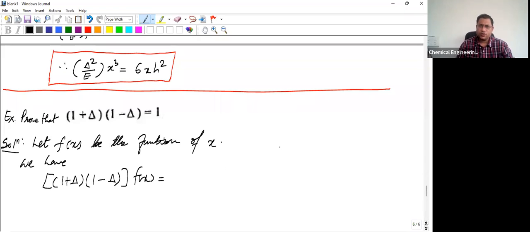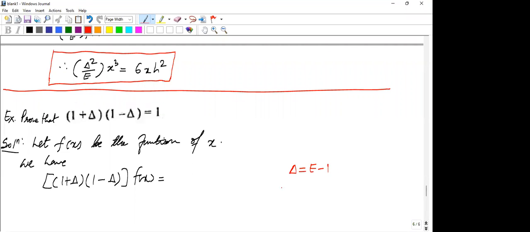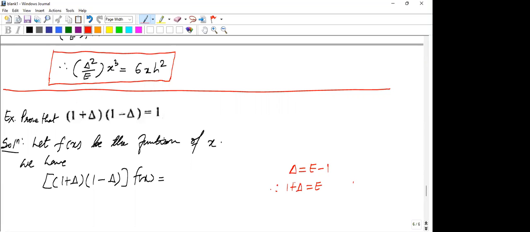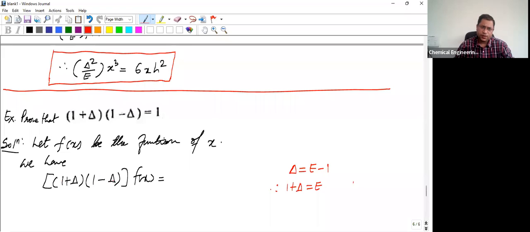What we know is the relation for delta. So delta is going to be E minus 1, right? Yes, sir. Okay. So what will be 1 plus delta? It will be E. Correct? Yes, sir. So I can replace this term, and think of this term also.